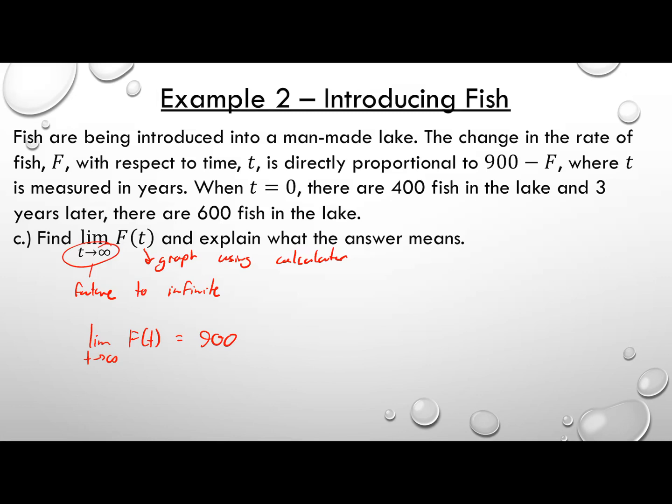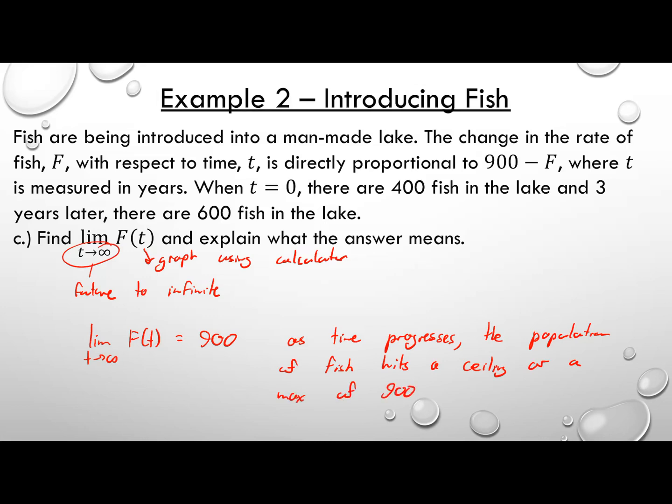So what does that mean in the context of this problem? It means as time progresses, the population of fish hits a ceiling, or a max of 900.